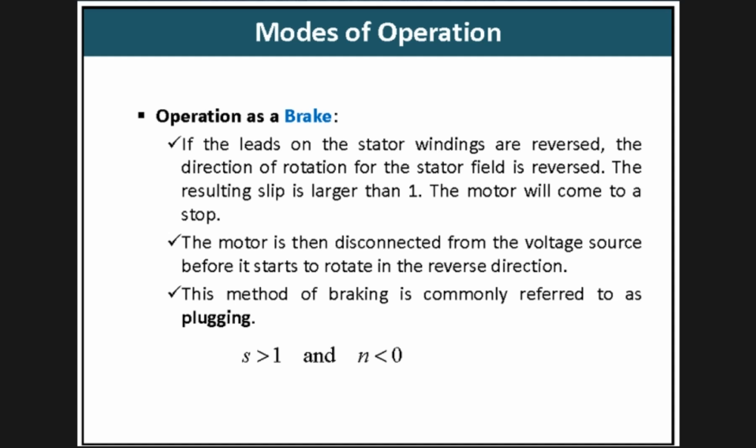Therefore, the motor will come to a stop. The motor is then disconnected from the voltage source before it starts to rotate in the reverse direction. This method of braking is commonly referred to as plugging. So in that case, S is greater than 1 and N is in the opposite direction, less than 0.